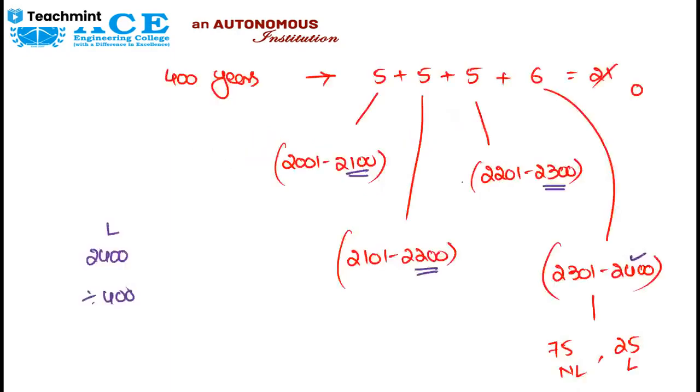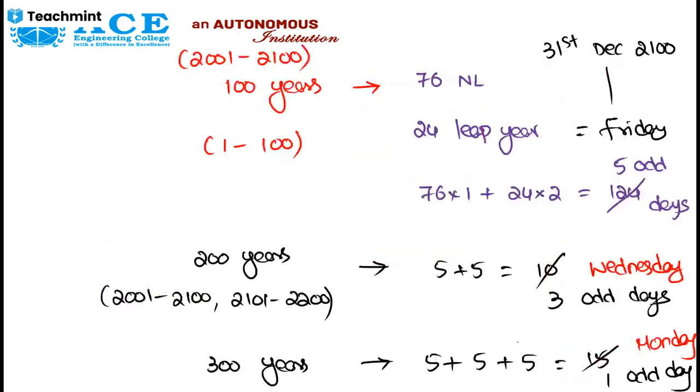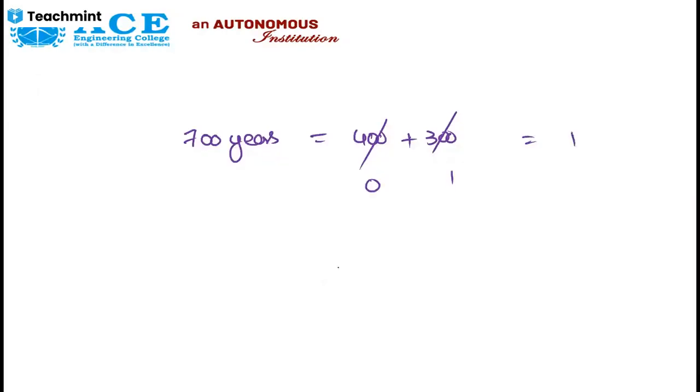Now, if they ask how many odd days in 700 years, I can write this as 400 plus 300. For 400 years, 0. For 300 years, we know it's 5 plus 5 plus 5, so 1 odd day. So we can write 1. Sir, for 1300 years, how many odd days?